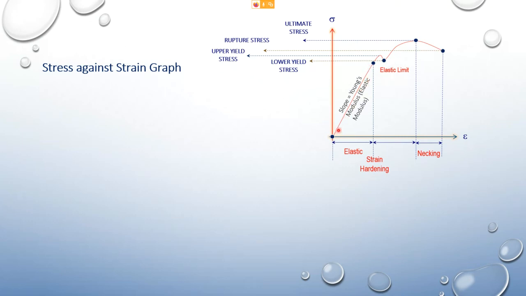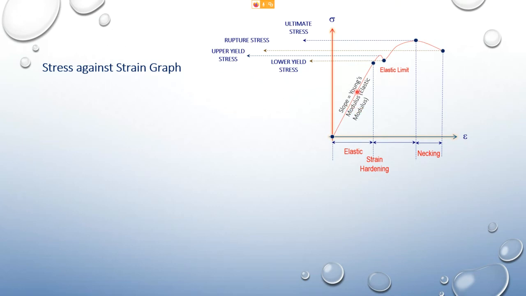So let's say, for example, the E for mild steel, because this graph here refers to mild steel. The E value for mild steel is roughly around 200 to 220 gigapascal. That means giganewton per meter square.